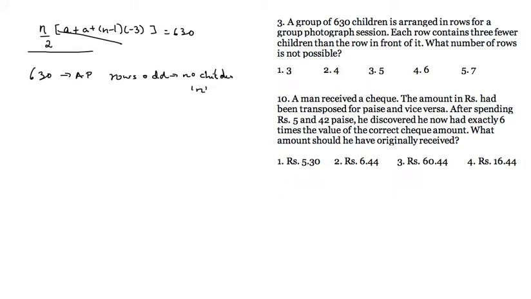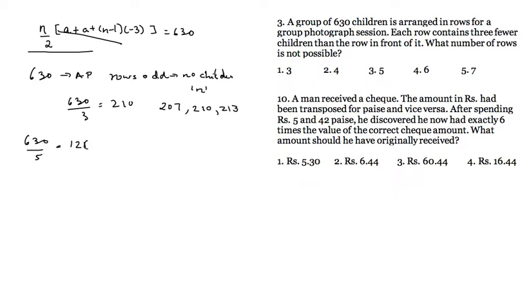So let's say if I'm looking at three rows, then 630 by 3, the middle row will have 210 students. And then it's very easy to construct rows around it, right? One row will have 207, which is minus 3, and the next row will have 213, which is plus 3. Similarly, since 630 is divisible by 5, this is 126.